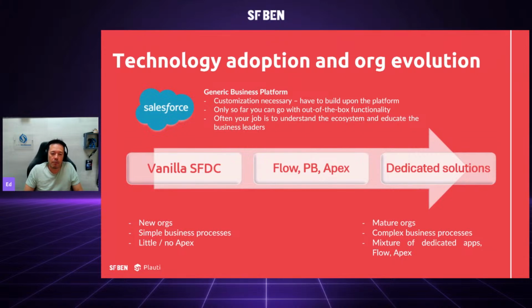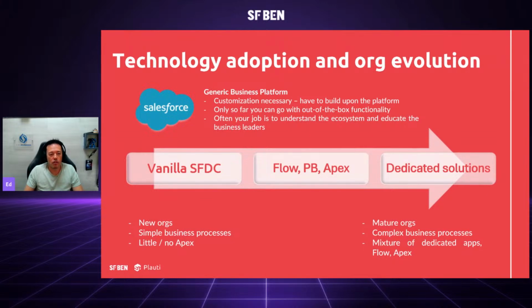The org is modeling more complex business processes, and you've got a mixture of dedicated apps from the App Exchange, you've got flows, you've got Apex, and sometimes this is great, and other times it's turned into a big monstrosity where it's a job to make sure that everything is working as we'd expect.